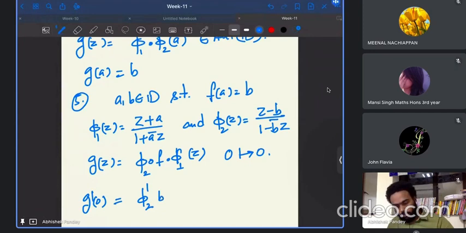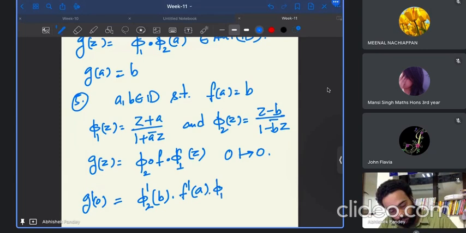So phi 2 dash of b into f dash of phi 1 of 0, which is a, into phi 1 dash of 0. Here I'm using the chain rule to differentiate this composition. So by Schwarz lemma this is going to be less than or equal to 1.